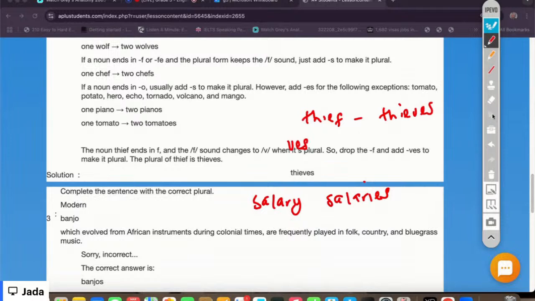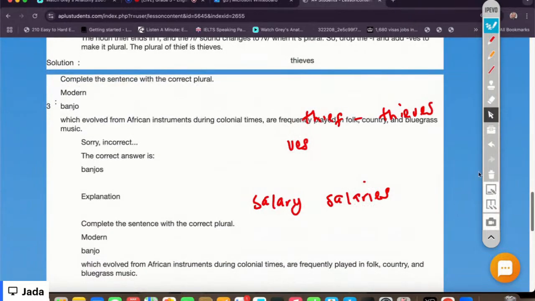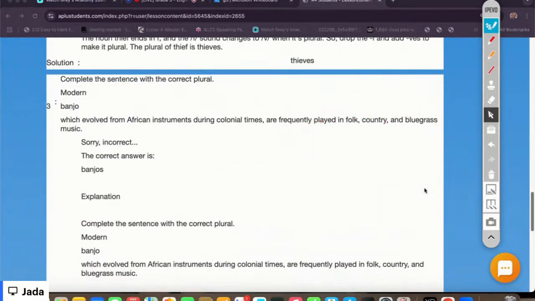So, modern banjos, which evolved from African instruments during colonial times, are frequently played in folk, country, and bluegrass music.